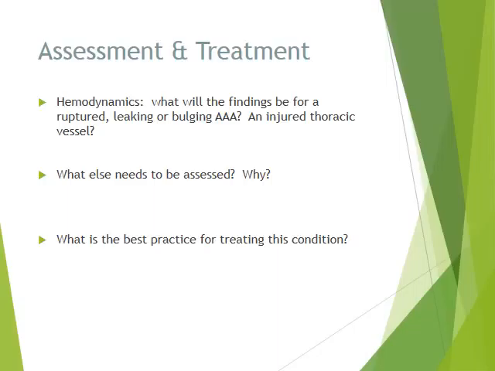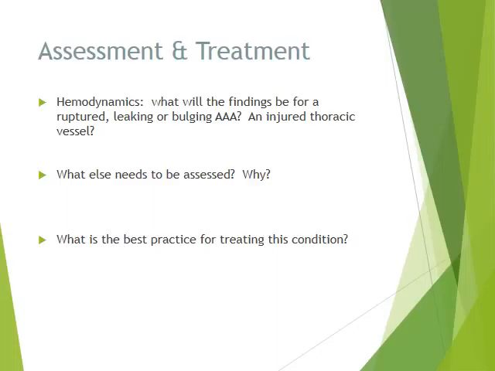And then how are you going to treat this condition? Obviously with a ruptured AAA that is life-threatening, they are at high risk of not surviving. So for a ruptured AAA, we need to get them to the surgical suite while providing fluids and blood products to them right away to improve their survival rate.